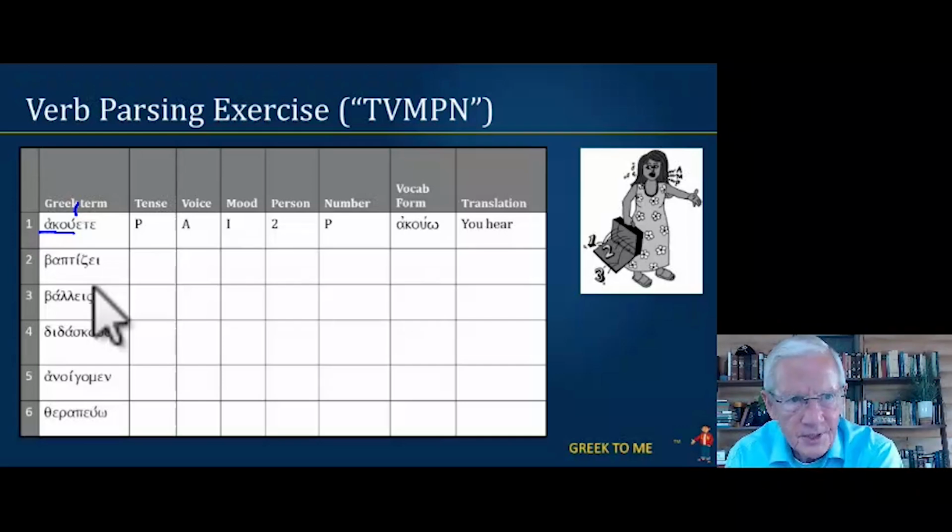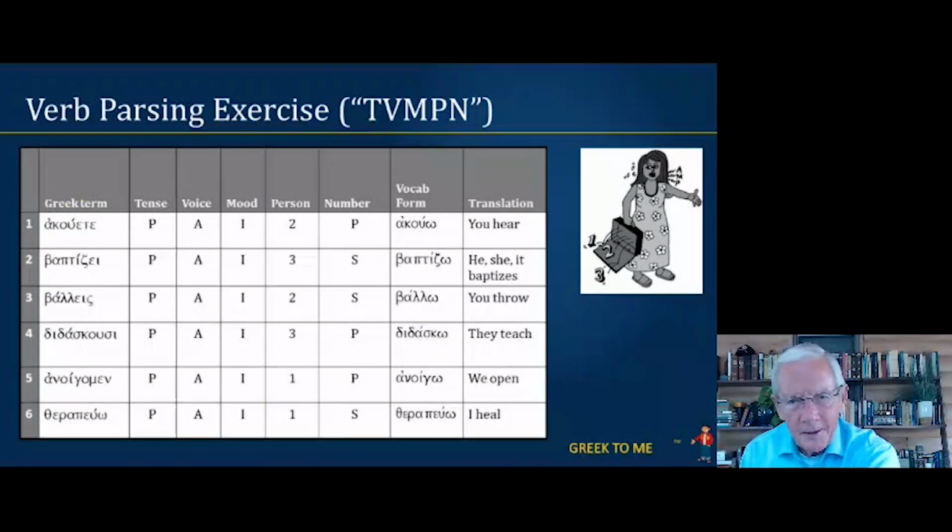The voice is active. The mood is indicative, so we put the I in there. This is the second person plural, and the vocabulary form is akouo. The stem is akou. And what's the translation? You hear. And the you there is plural. In the South, you'd say, perhaps, y'all. So I'm going to hit my pause button, would ask that you do the same, and then we'll come back and compare notes.